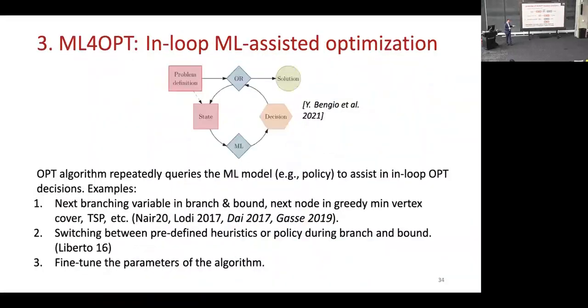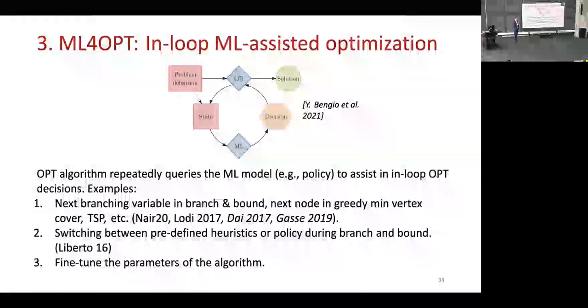Okay, just to give you very quick examples of some of the things in the literature, let's say you're doing a branch and bound algorithm and you want to pick your next variable to branch on, right? So which one should I use? Well, I can use a machine learning algorithm to say, given this problem instance and given how things unfolded so far, I should pick this decision variable, okay? Or for instance, maybe hyperparameter tuning doesn't need to be done once at the beginning.